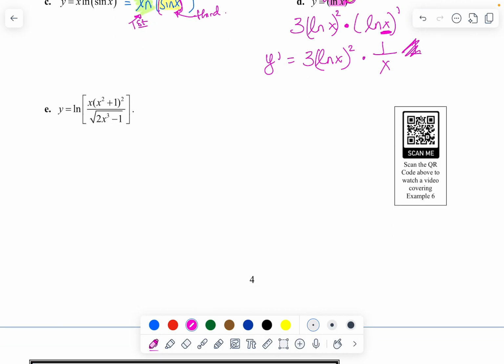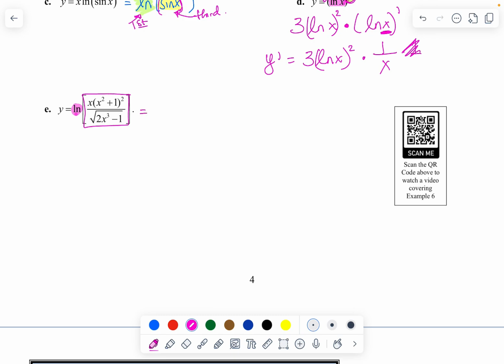All right, C. C is a massive function, right? A lot going on with C. My rule of thumb is we are going to start on the outside. So we're going to first take the derivative of ln of all of this stuff. All this stuff is just going to follow along.